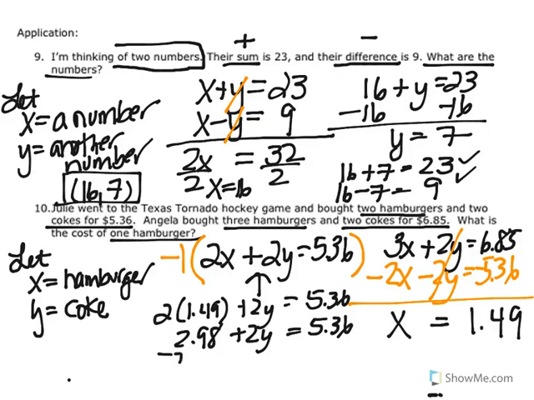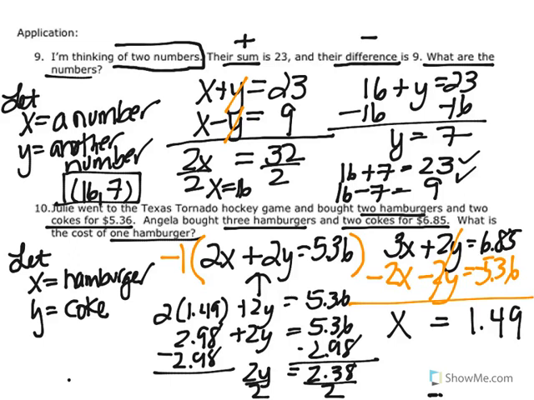And we're going to subtract then. And we get 2y equals $2.38. And so we divide by 2, kind of running out of room. And y equals $1.19. So a hamburger is $1.49, a Coke is $1.19.